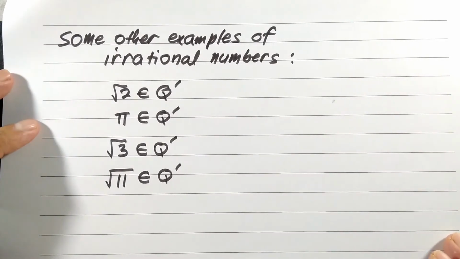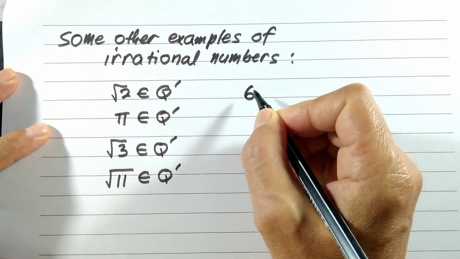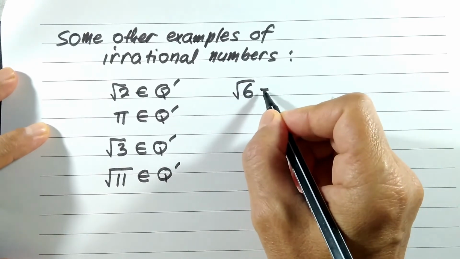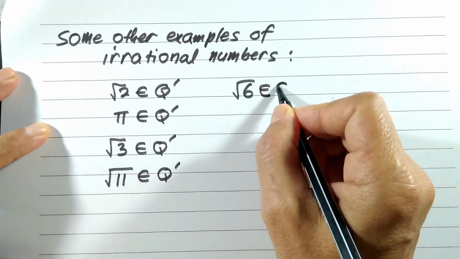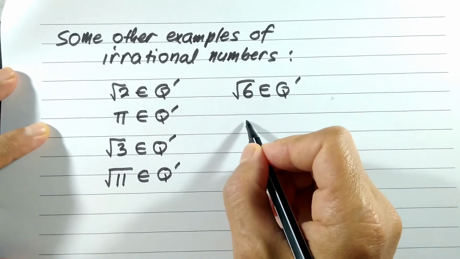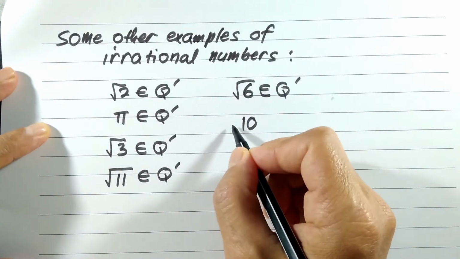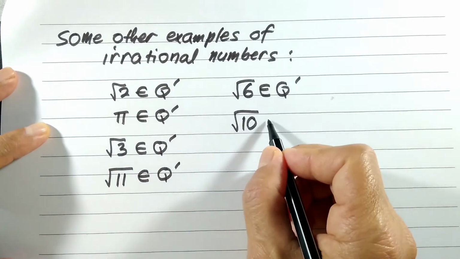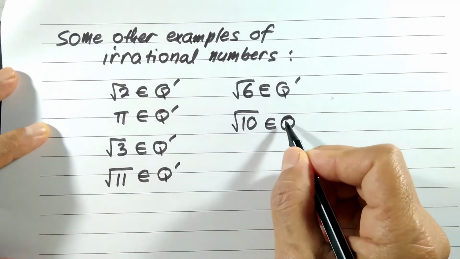Now, besides primes, we also have what we call non-perfect squares. For example, 6 is a non-perfect square, so square root of 6 is also an irrational number. Now, for example, square root of 10. This is not a perfect square, therefore this is also in Q prime.